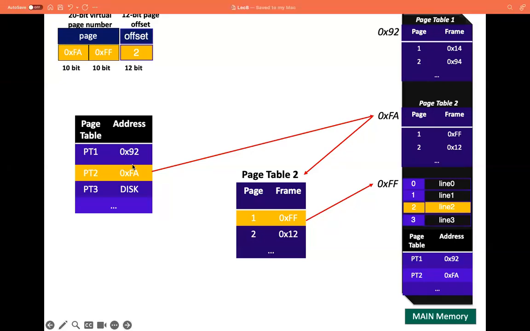The first 10 bits refer to the address of the page table, the base address of the first table, and the next bits refer to the physical address of the actual instruction that we need. And of course, the offset will be used to look through the contents of this specific frame.